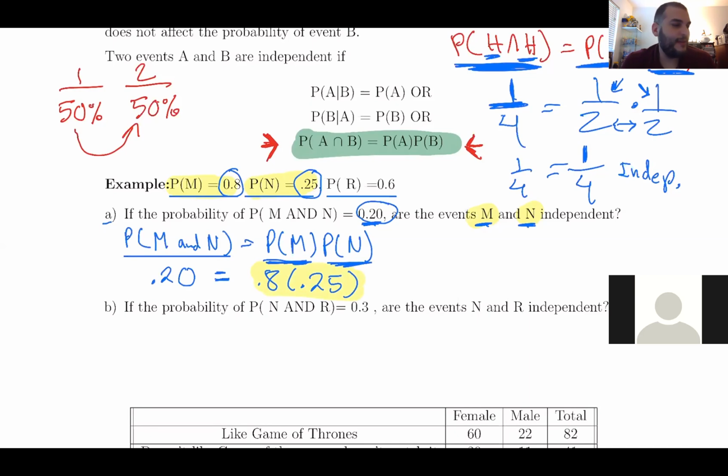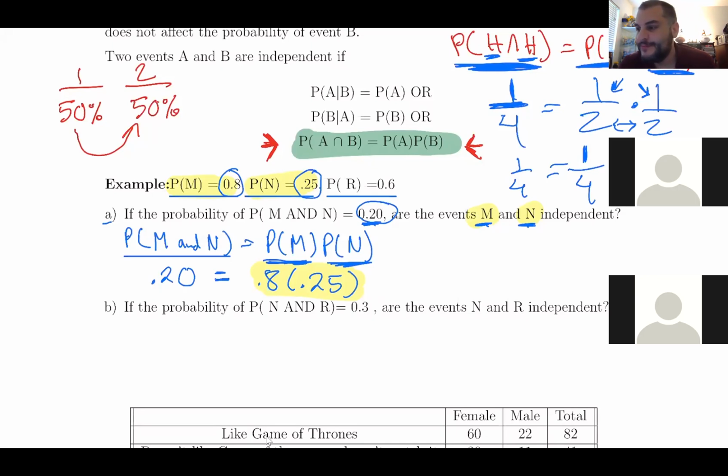If you have a calculator or your cell phone, just do 0.8 multiplied by 0.25. If you multiply those out, what do we get? 0.2. Yeah, 0.2. So you get 0.2 or 0.20.